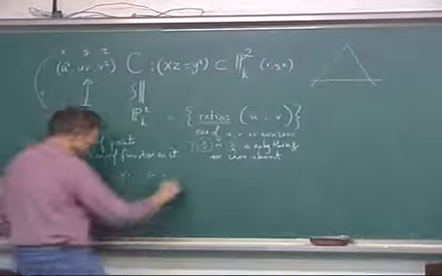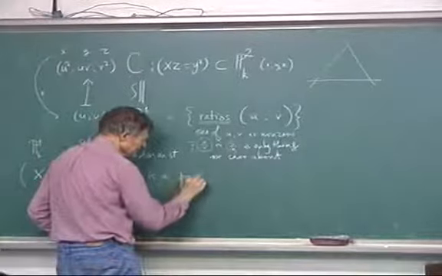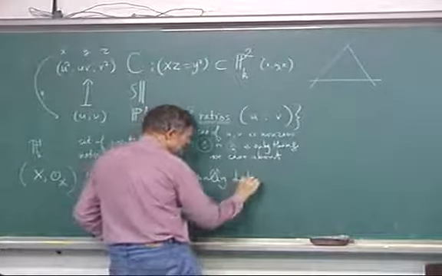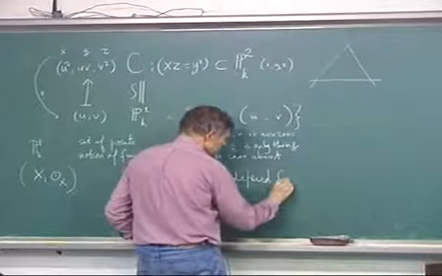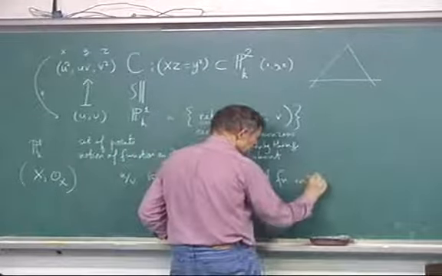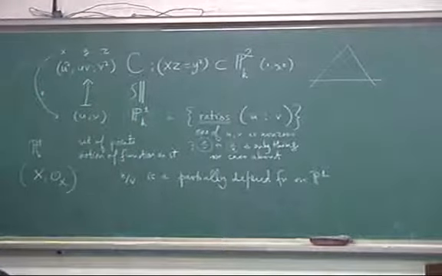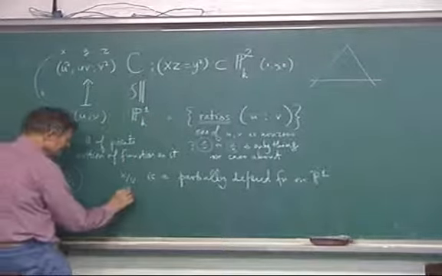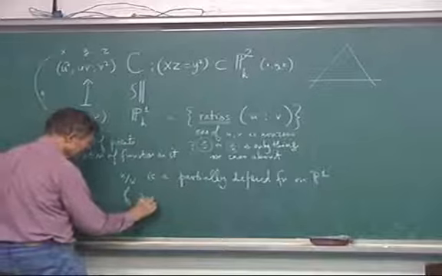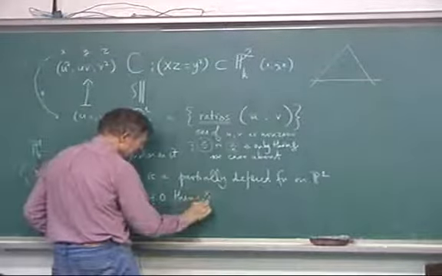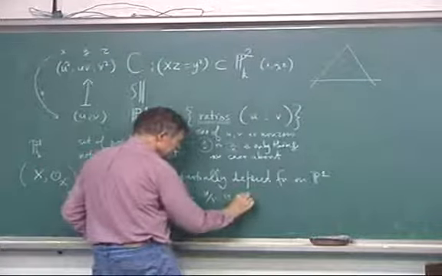It's a partially defined function on P1. Namely, if v is not equal to 0, then u over v is a perfectly good function.